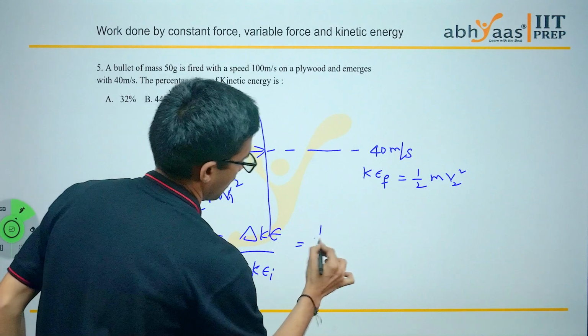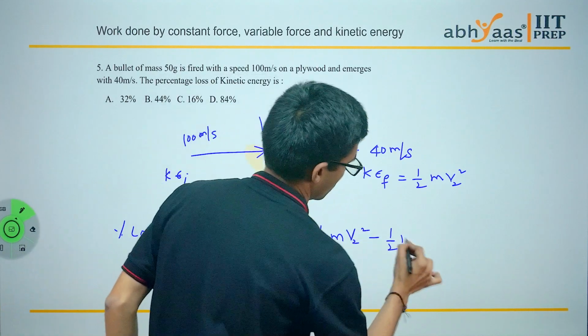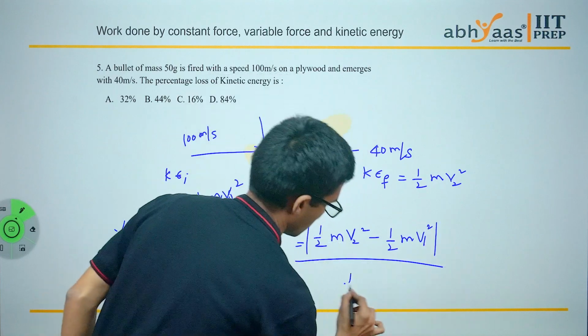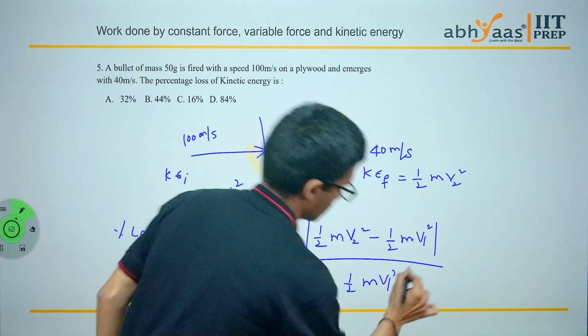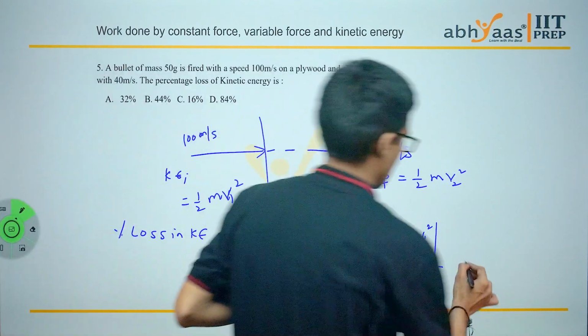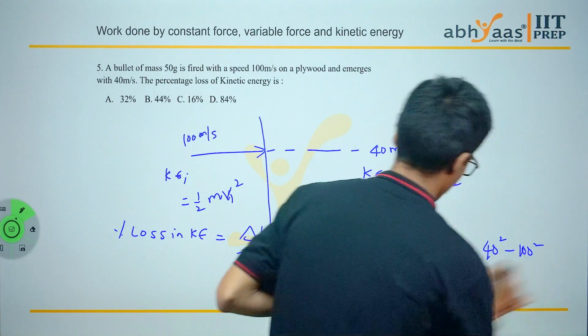So this is half m v2 square minus half m v1 square, divided by half m v1 square. So m is cancelled and all the things. So v2 square, that is 40 square minus 100 square, divided by 100 square, into 100.